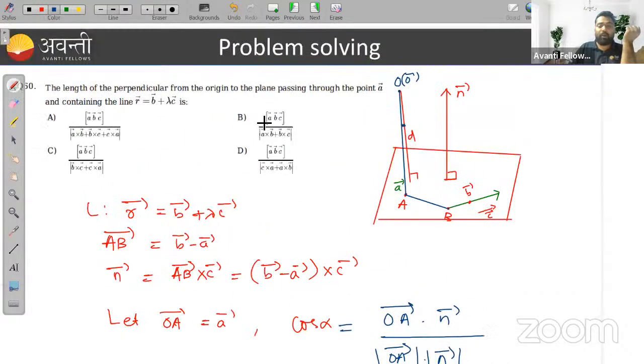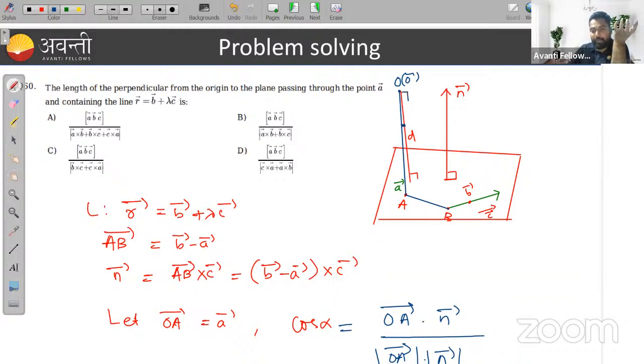the projection of OA, the length of the perpendicular from the origin to the plane passing through the point A. The perpendicular distance will be the projection of the vector OA along the normal vector, right?